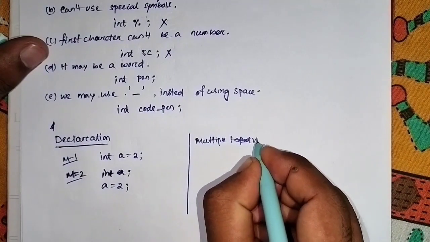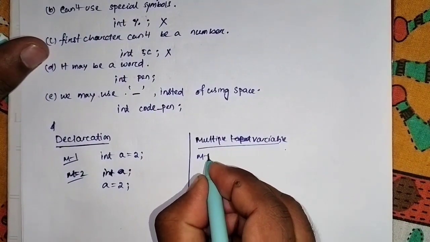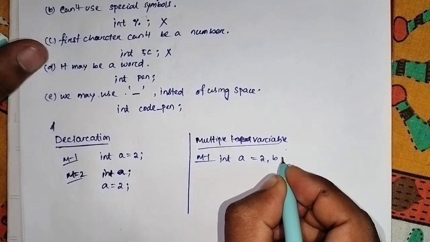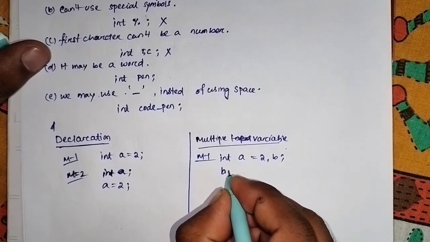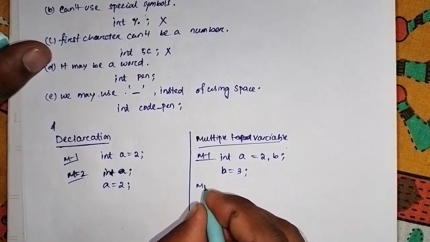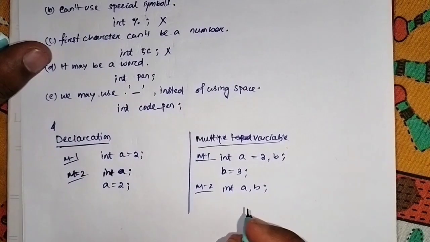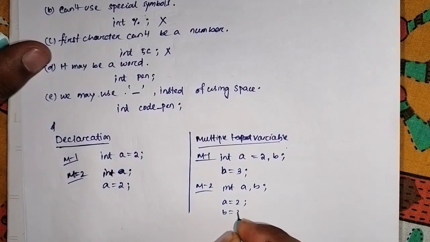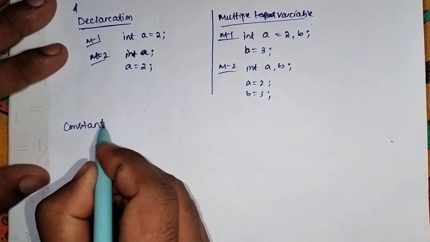In multiple variables, we may declare and initialize values in a single line using commas and the assignment operator. Or method 2, we first declare the variable names in a single line, then we assign their values.